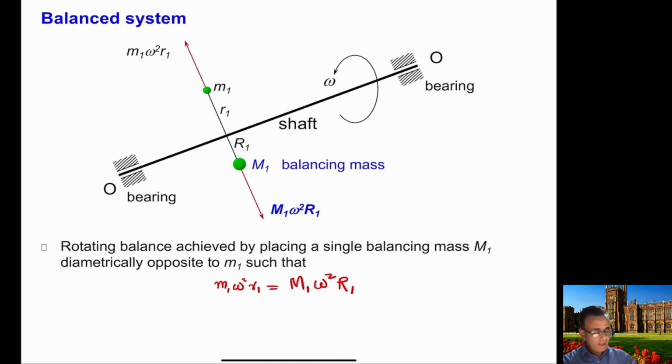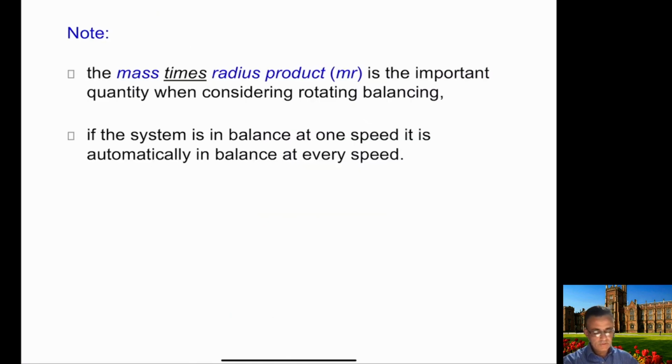And now, as you can see in this case here, we have omega square on this side and omega square on this side. So this means that we can even cancel this omega here. So therefore we will have M1 R1 equal to M1 R1. So this means that omega is not even important here. The only important thing here is the mass times the radius.